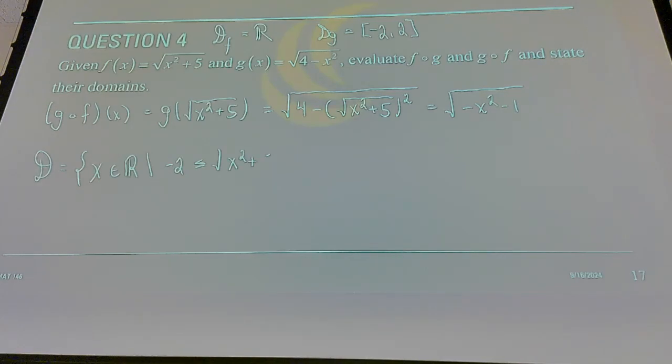Square root has to be non-negative, right? When you take the square root of something, you get a non-negative answer. So we cut this in half, basically.